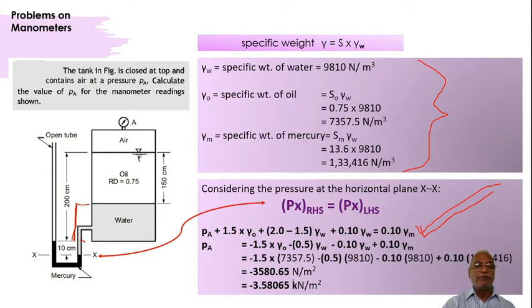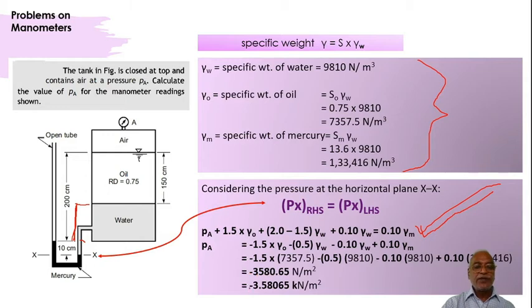Simplification can be done. Now what I have done is PA I have kept on the left hand side, everything I have taken on the right hand side, substituted and simplified to get PA is equal to minus 3580.65 Newton per meter square units.